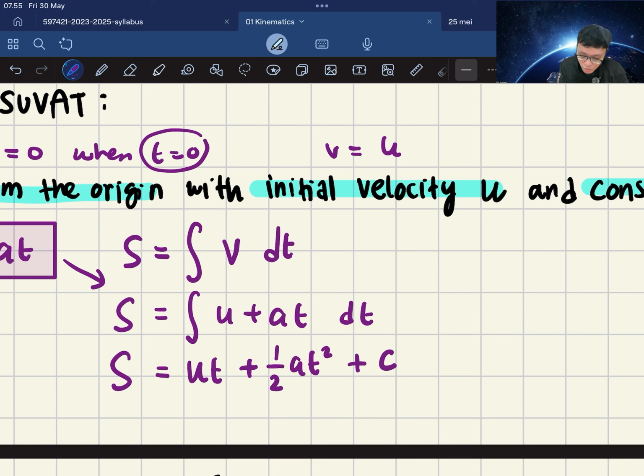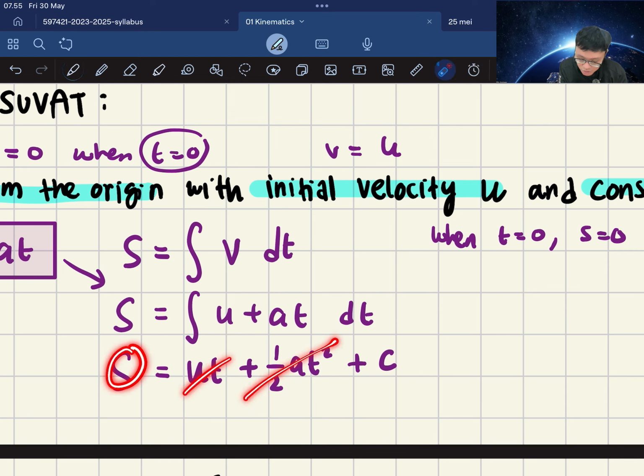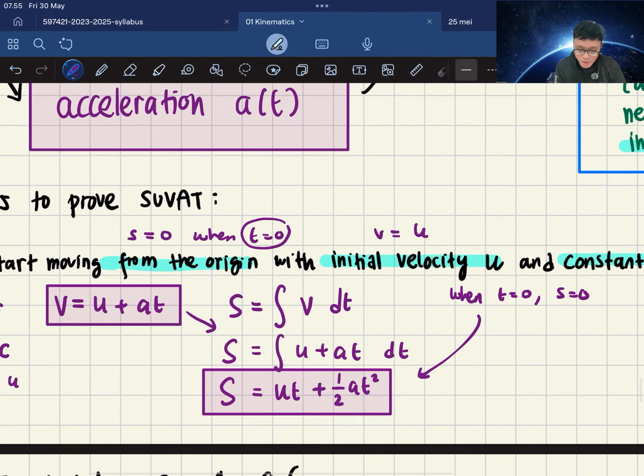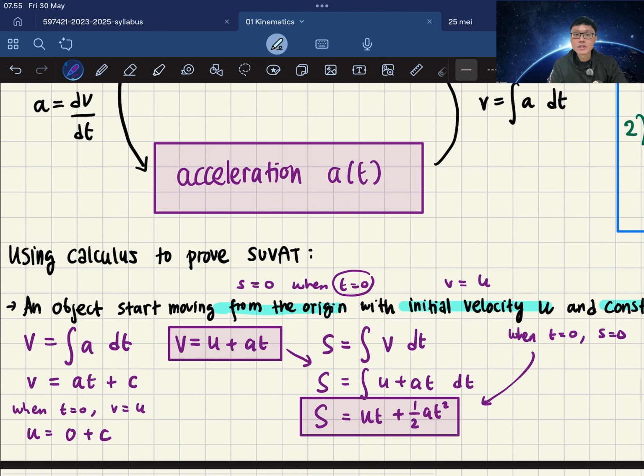But we know that when time is 0, the displacement is 0. So when you plug in t is 0, s is 0, that means c equals 0. So you don't have to put c for this case. So you will get the displacement formula from SUVAT. We already proved it. So that's how we prove SUVAT using calculus.